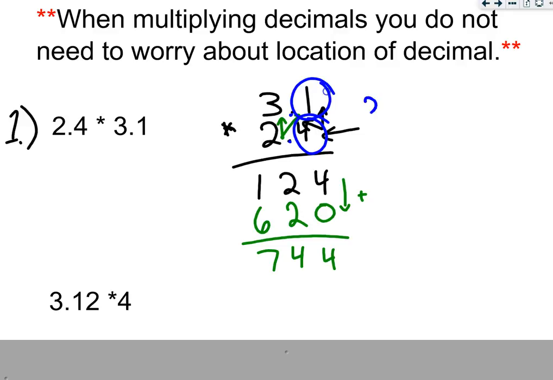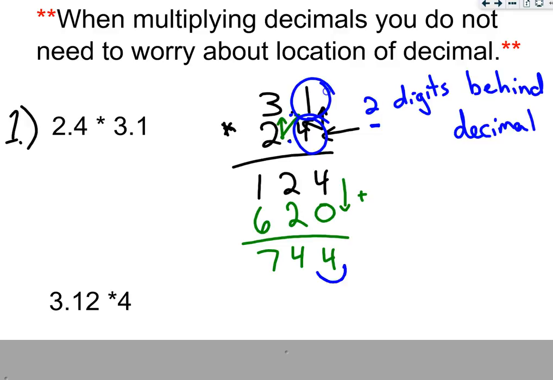So that's a total of 2 digits behind the decimal. So therefore what that means is you take where the decimal would be on 744 and you move it in 2 places. 1, 2. So the answer for 2.4 times 3.1 is 7.44.